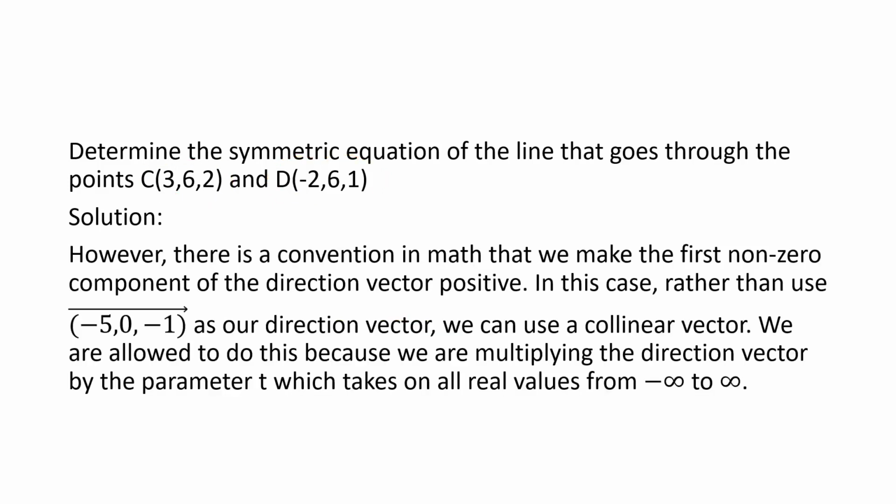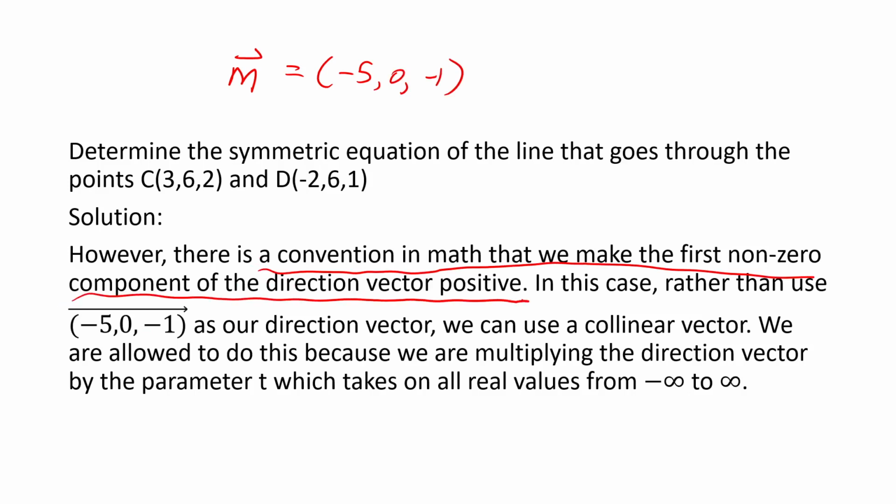Now, there's a convention in math. What we just said a moment ago is that the direction vector of our line will be negative 5, 0, negative 1. There's a convention in math that we make the first non-zero component of the direction vector positive.